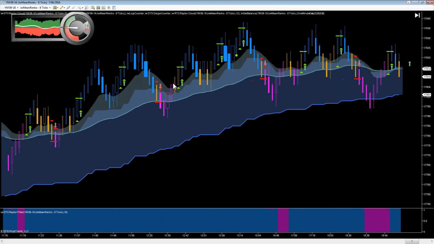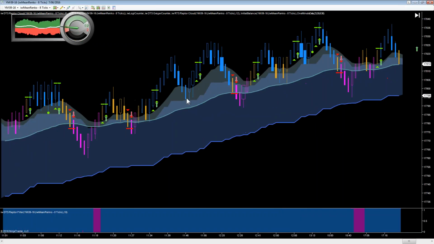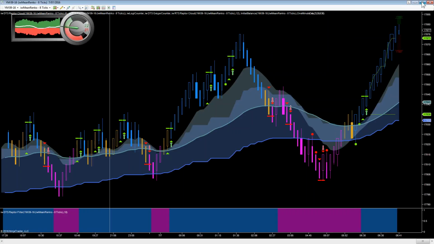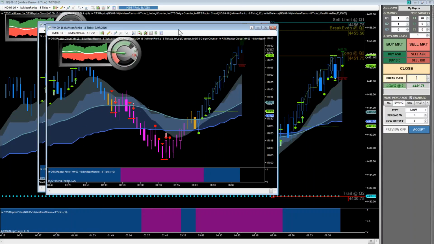So Ricardo has a lot of shorter term objectives. So on these types of bounces, he's just scalping. On the first bounce, he's scalping, but you can see there's still some significant follow through. All right, so then you'll have your nifty double band on your Raptor.